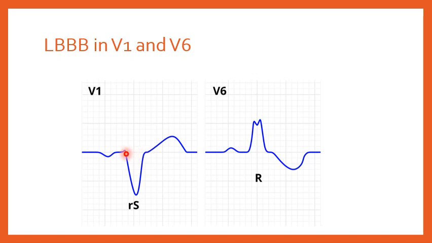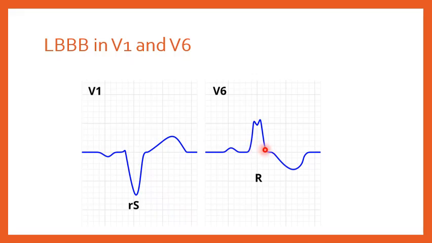So we have RS. Over in V6, take a look at what happens here. We have one big tall R, and this R very commonly looks like an M. Okay, it looks like an M. It doesn't have to, but it very commonly has a notch in it. It's wide.